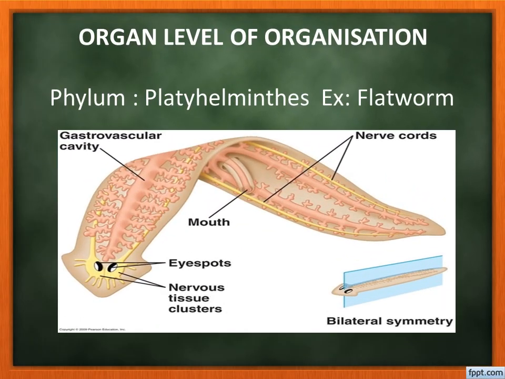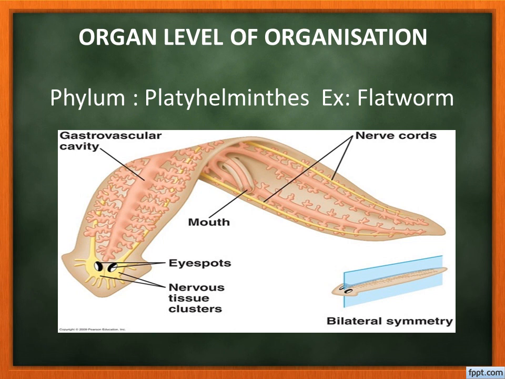Okay, the next one is organ level of organization, right? You already know that a group of tissues makes an organ, which does one particular function. So here these organisms consist of some organs, and each organ is doing its own function.